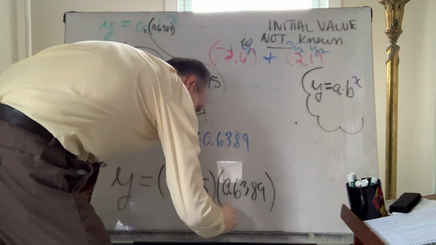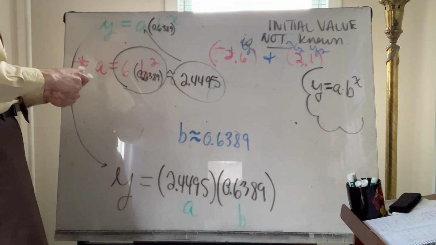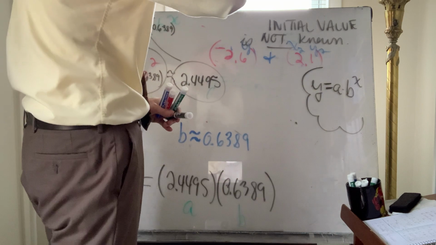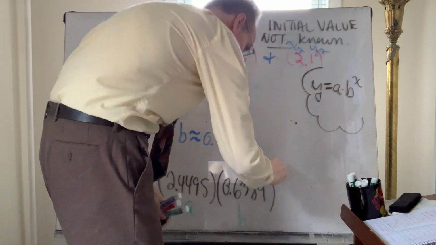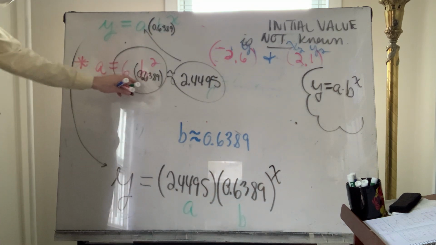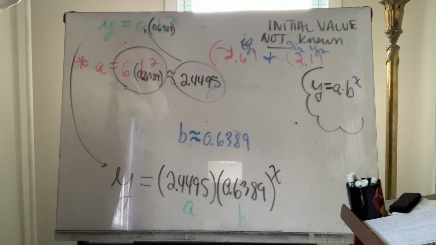This is A, this is B, and remembering that this is in fact squared. Oh, well, it's the X rather, in the general form. It was squared in the A incarnation of this.